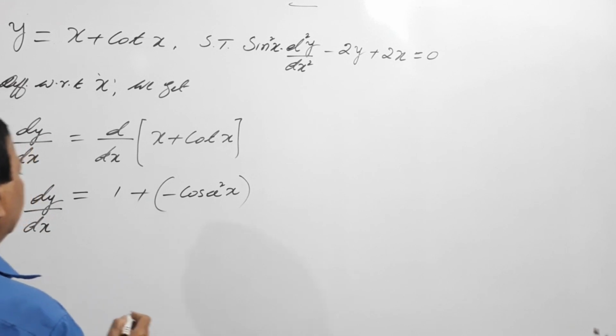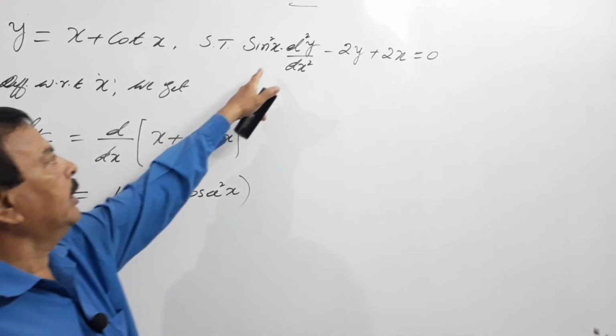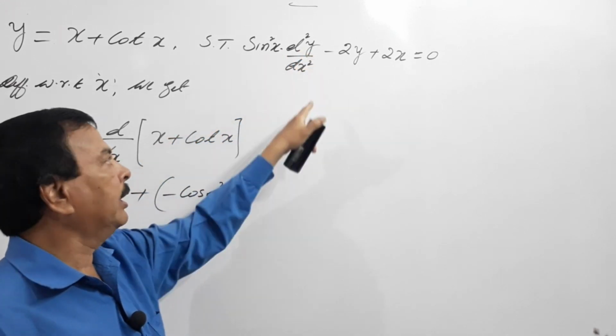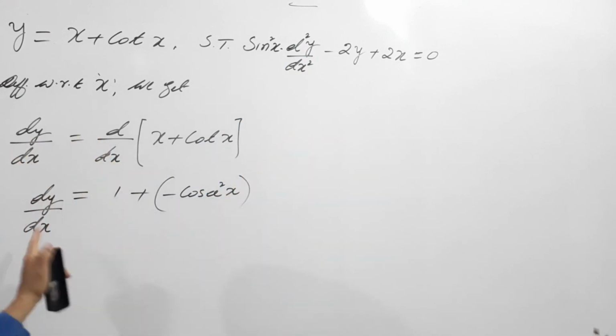So now what happens here? To get this d square y by dx square, we have to differentiate this once again.